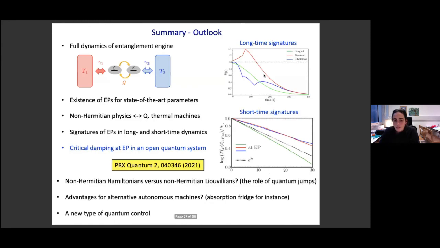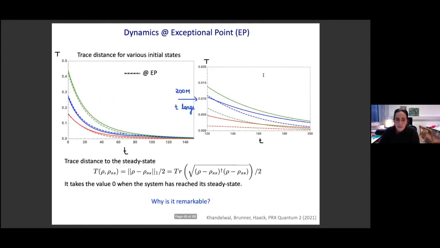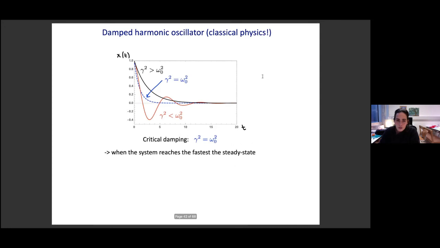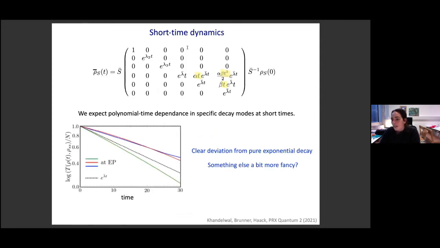What happens is that if I look at the short time signatures, and I take a random initial state, I won't see this polynomial dependence in time, because the negative real parts in the exponential here are larger than the one in the lower part of the matrix. So the exponential decay will hinder the time polynomial dependence.